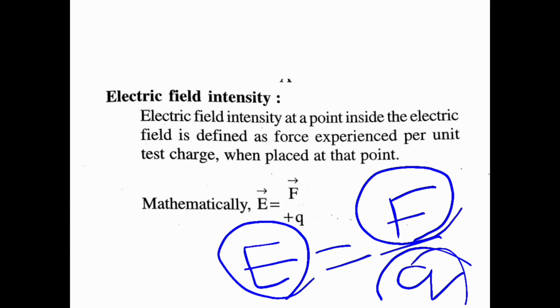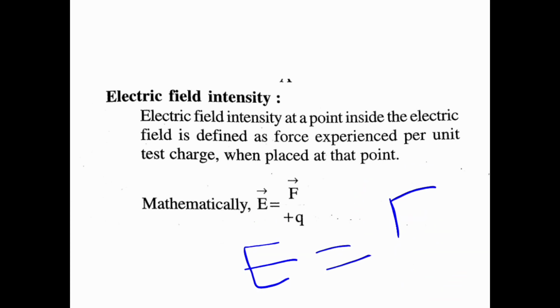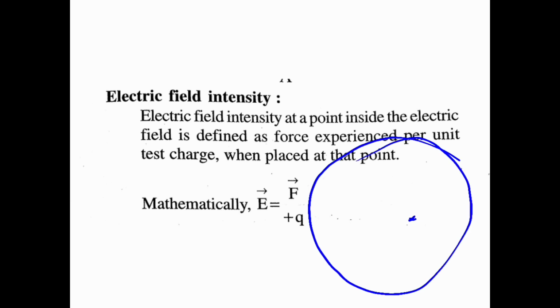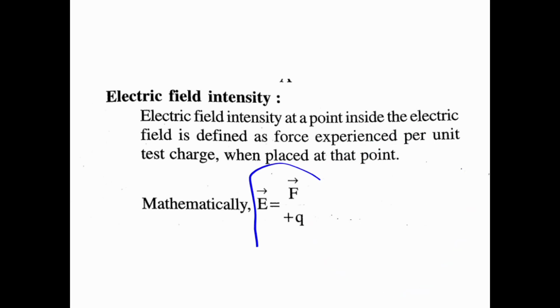So electric field intensity at a point inside an electric field: we determine it at a particular point at which the electric force is experienced, and that electric force per unit test charge is equal to the electric field intensity. This is the mathematical expression.